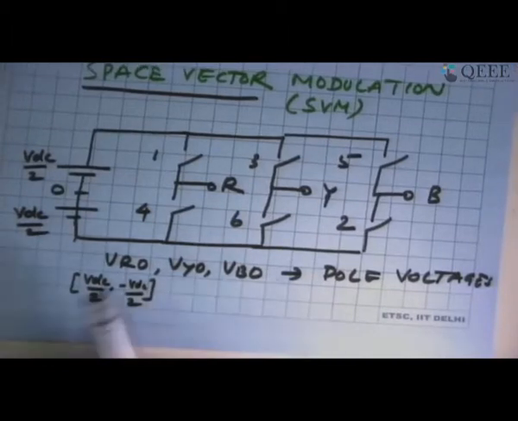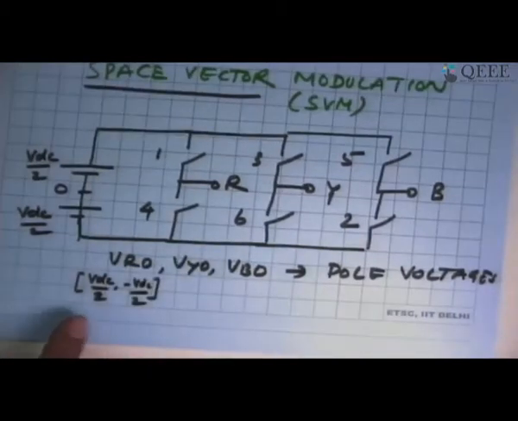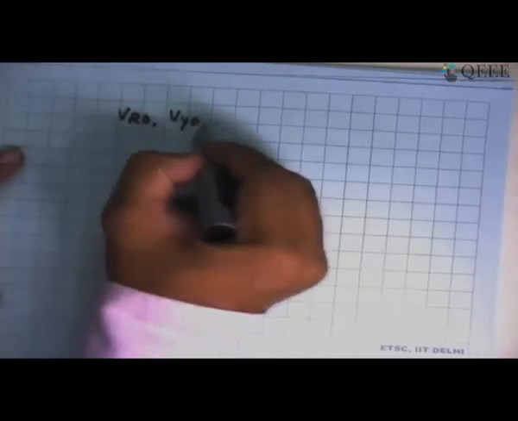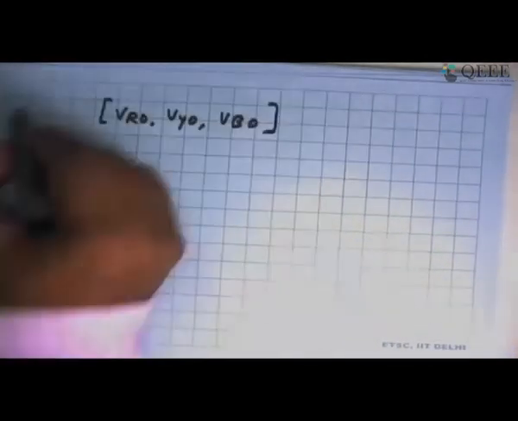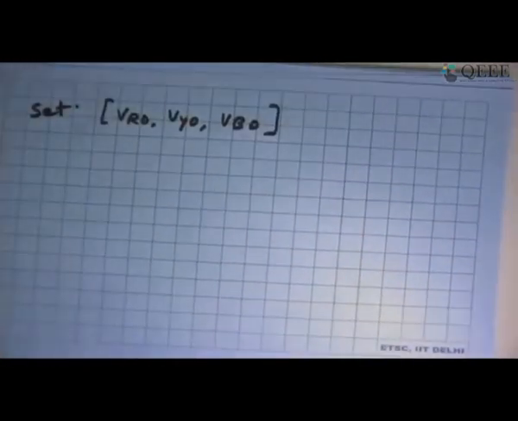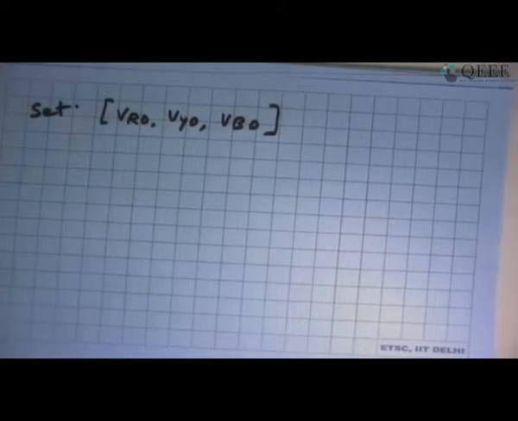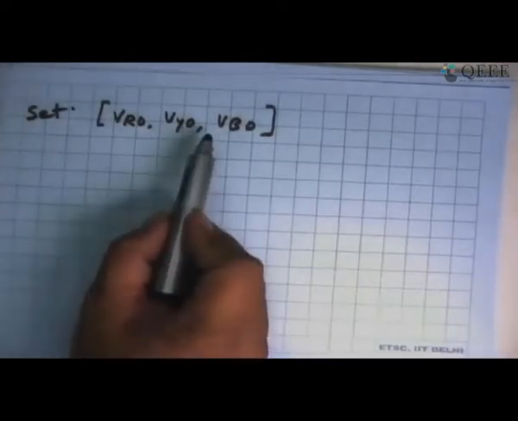If we make a set VRO, VYO, VBO, each can have two states.